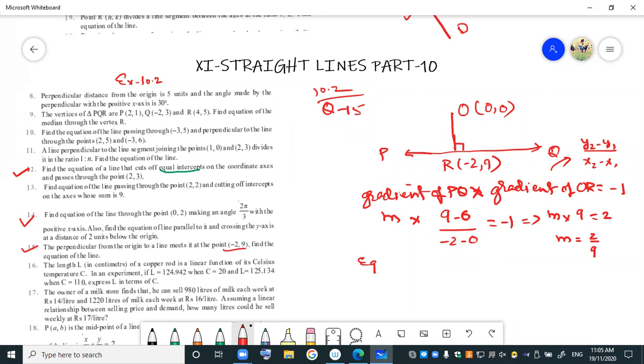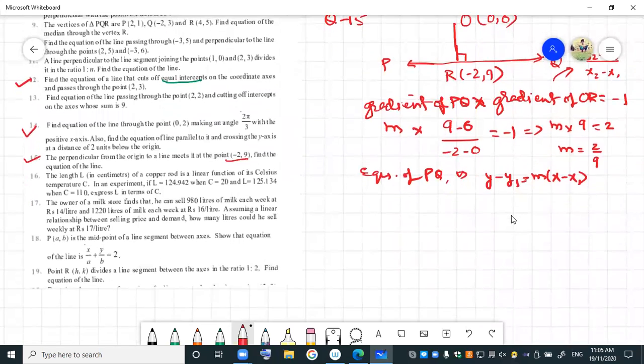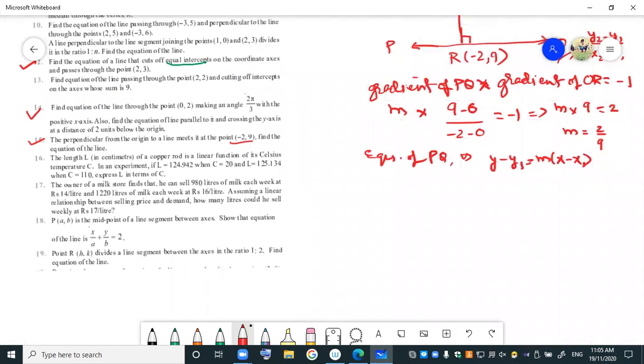The equation of PQ can be written by the point-slope form: y minus y1 equals m times (x minus x1), passing through a point and having gradient m. Substitute x1, y1 as -2 and 9.